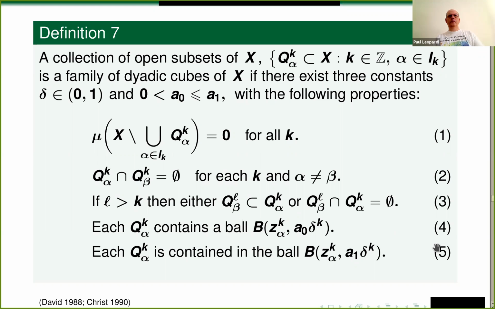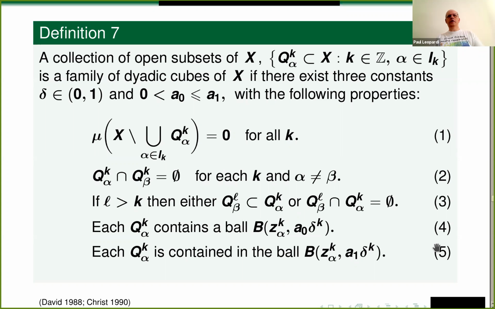Then the cubes have this idea of generations. The idea of the generations is such that if you have a generation l, which is larger than the generation k, then the cubes in generation l form two types.